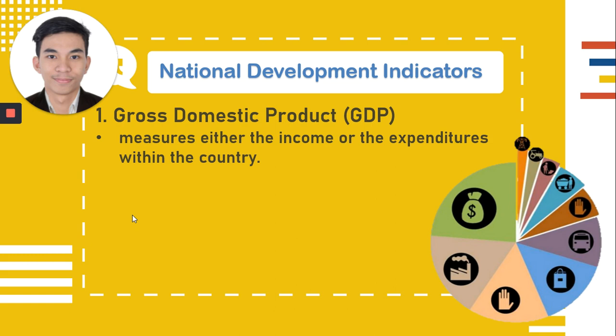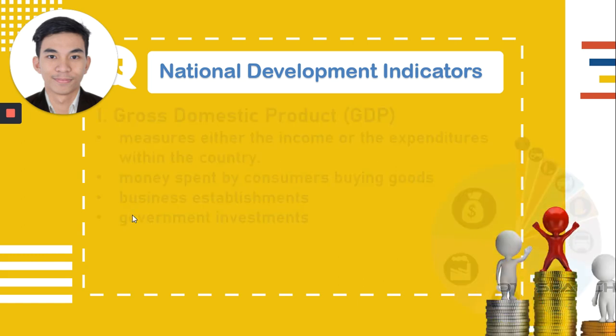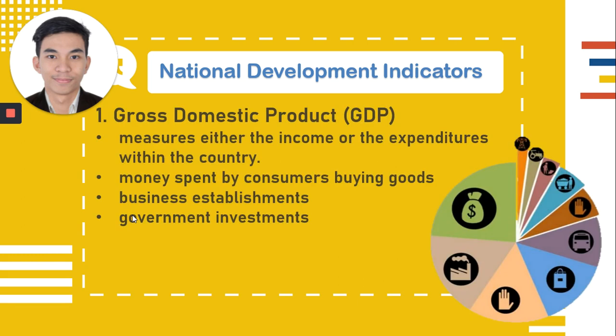It is only within the country. The money spent by consumers in buying several products, those invested by business establishments, kahit na foreign yan, and government investment contribute to a country's GDP. Basta within the country, investments and expenditures, foreign man o yung sa atin locally, basta inside our country is computed as the gross domestic product.